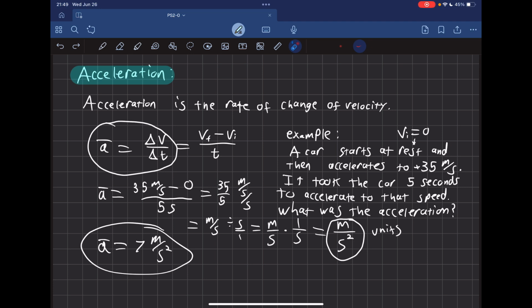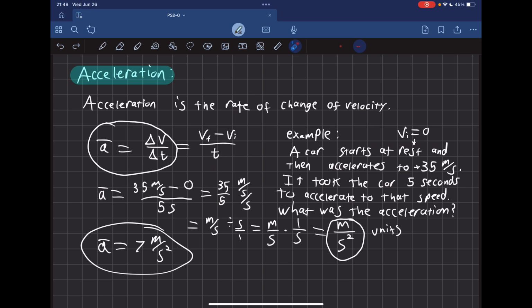What was the acceleration? So we're going to use our equation here. Average acceleration equals the change in velocity over the change in time. The change in velocity is the final velocity, so that's positive 35 meters per second, minus 0 divided by 5 seconds. That's going to get you 35 divided by 5 meters per second per second.